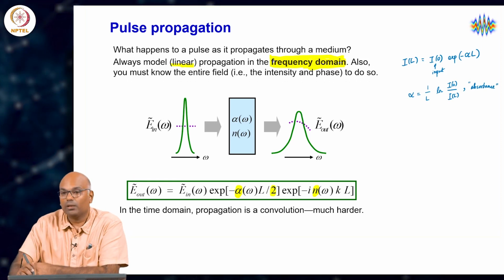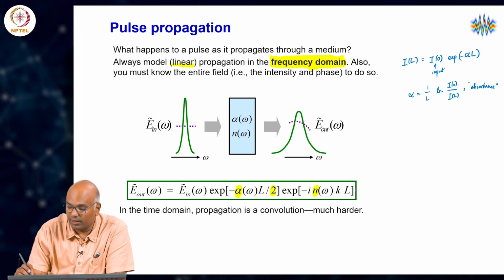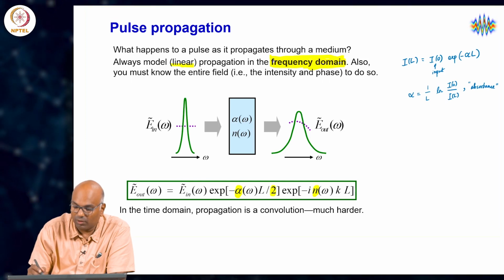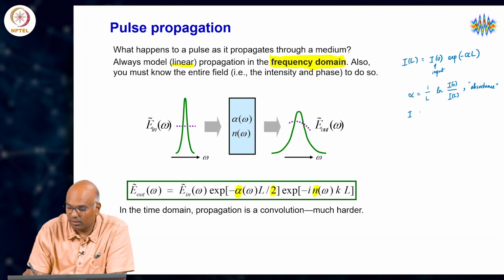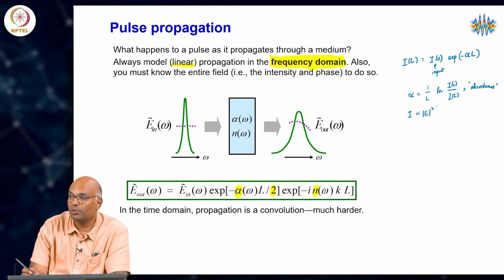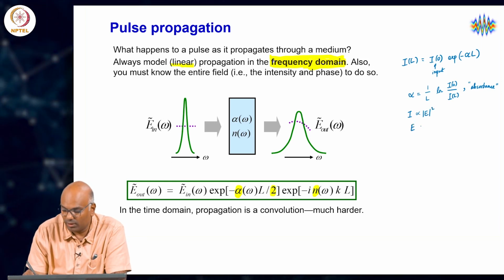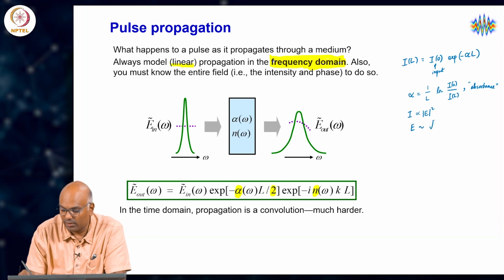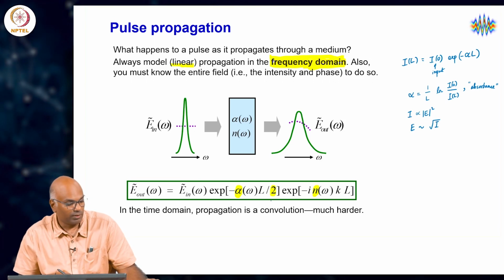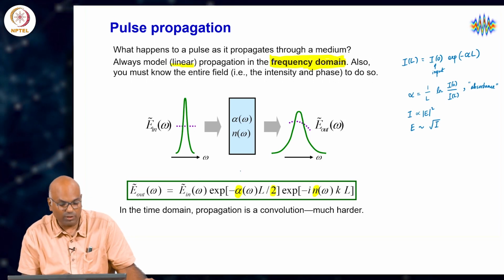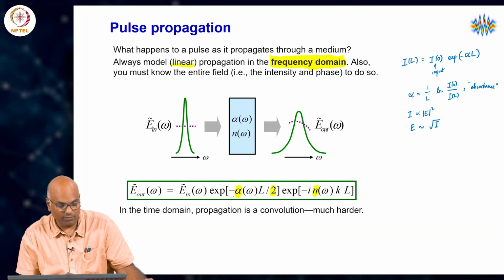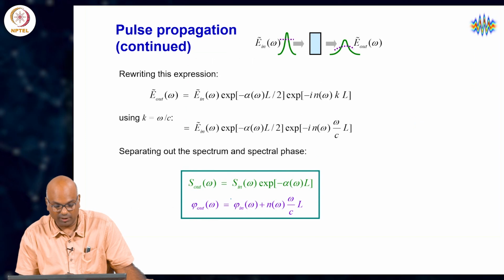Okay. And so alpha corresponds to the intensity domain quantity, and note that I is proportional to the absolute value square of E, or E scales as the square root of I, something we have already seen. Therefore, a factor of half manifests in this equation, and this is to say that alpha should be considered as a quantity measured in terms of intensity ratios.